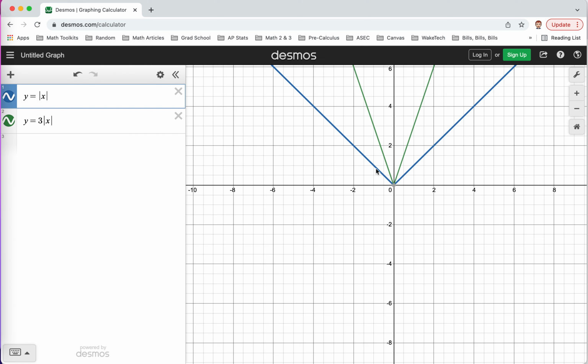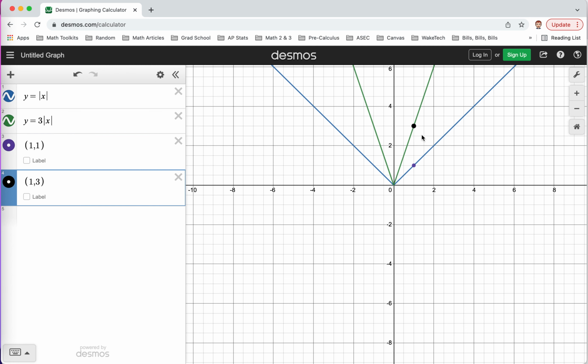So think about that point at 1, 1 has been stretched up to a point at 1, 3. I'll put it there. So the vertical component was stretched.